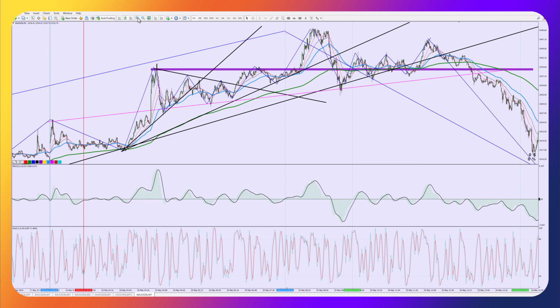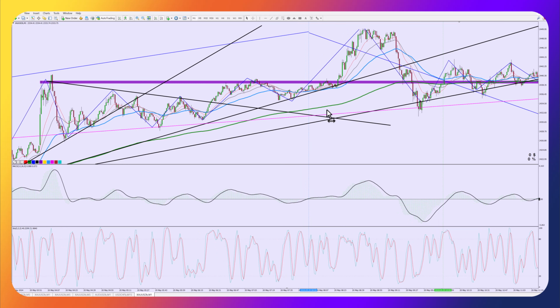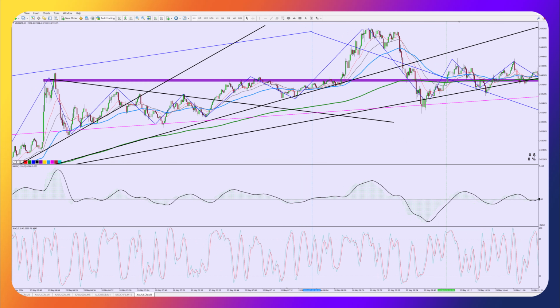Let me zoom out. Oh, yeah. Okay, now we can see exactly. All these highs and lows show that the market is getting ready, getting more energy to break some levels.